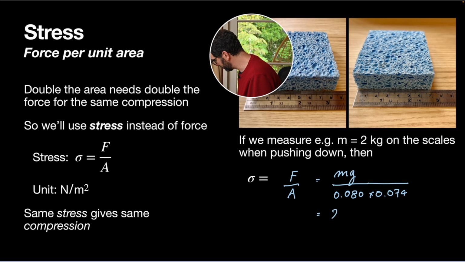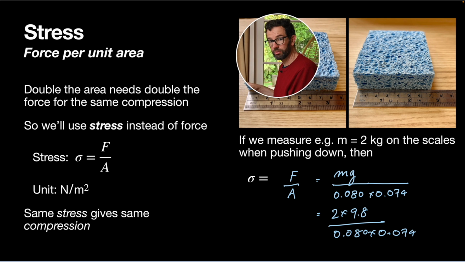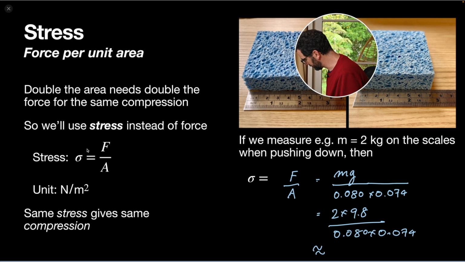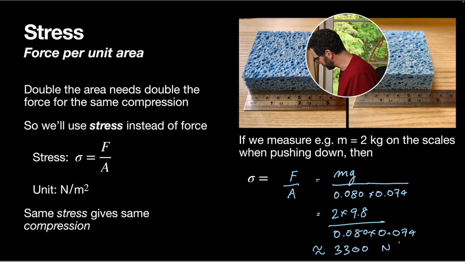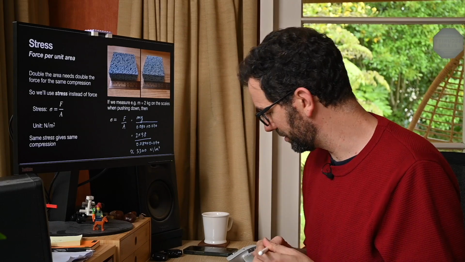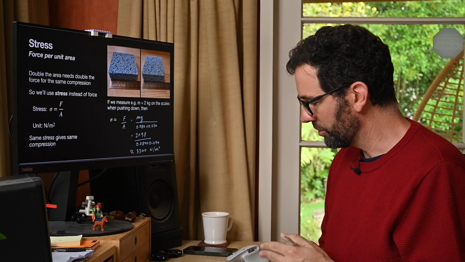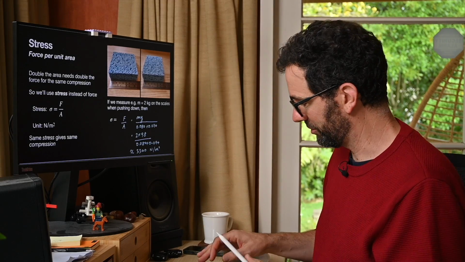Which will be 2 times 9.8, and we can work out what that's going to be using a calculator. Approximately 3,300 newtons per square meter. Okay, so you'll find these stress numbers are actually quite large, generally speaking, compared to your forces. That's normal. Right, so let's get into the experiment and see what happens, shall we?